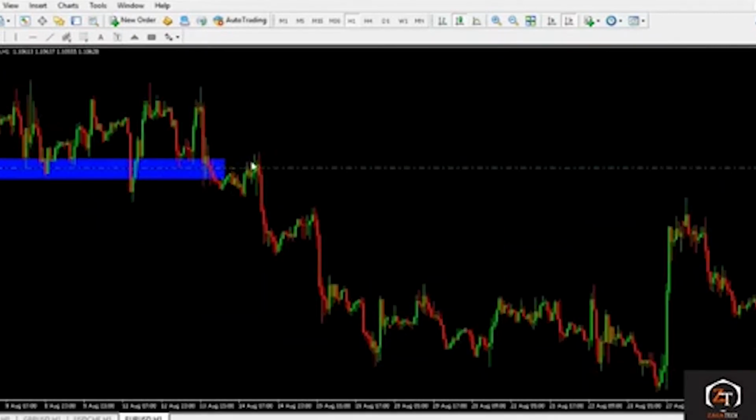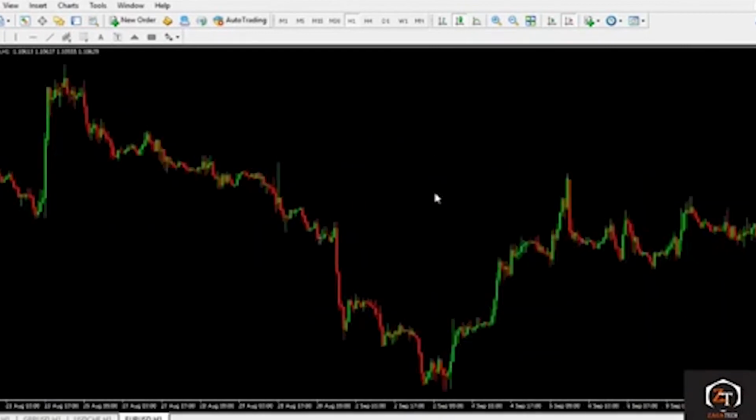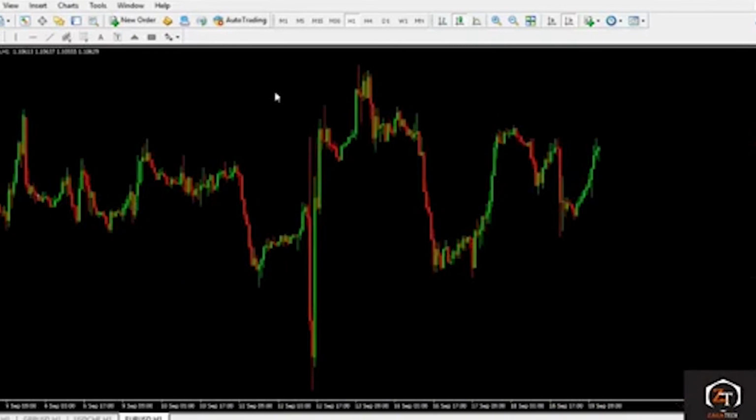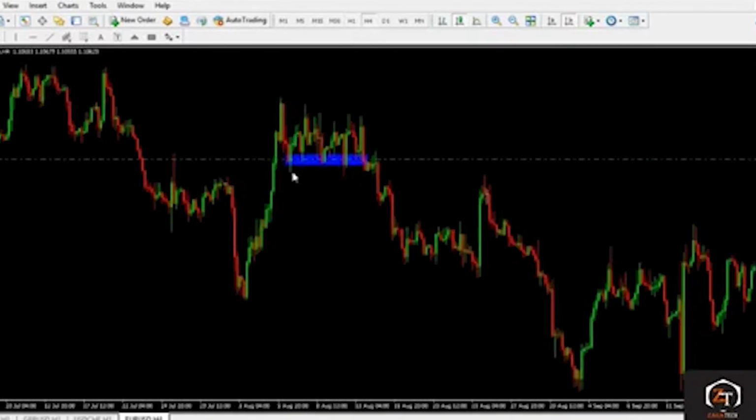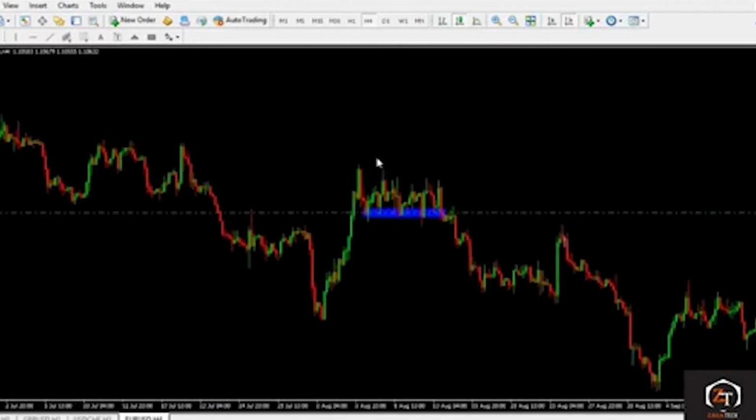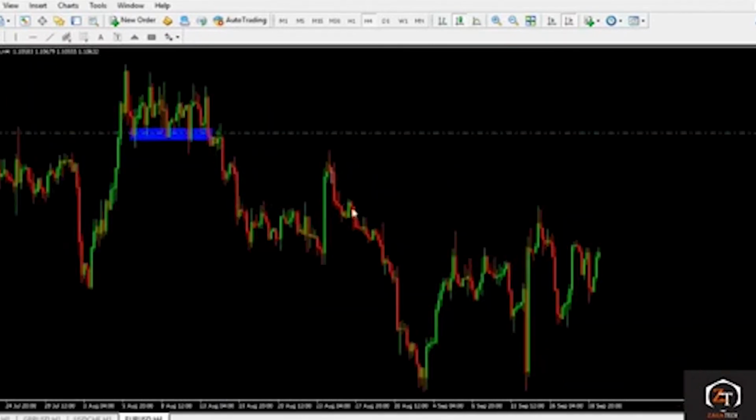For example, price repaired out of it, formed a lot of support, came back again with a spike to retest that area. Now it went down again, and still the same movement again. So when you check the 4 hours time frame, you see the support area here, which is an important area. No matter how the price moved, it's still going to come back. No matter how much movement it is, it's going to come back.